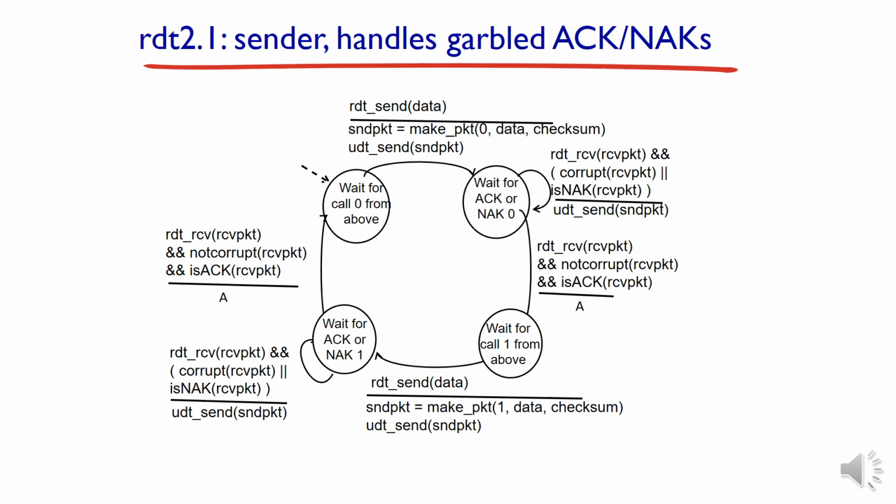Then it waits for the acknowledgement of 1 or NAK of 1. ACK or NAK may arrive; both are received at the same stage. Once the feedback from the receiver arrives correctly, that is, for sequence number 1 the acknowledgement number should be 1, it enters another stage to send the next packet.